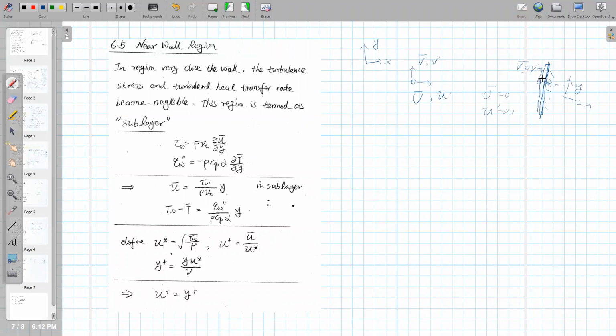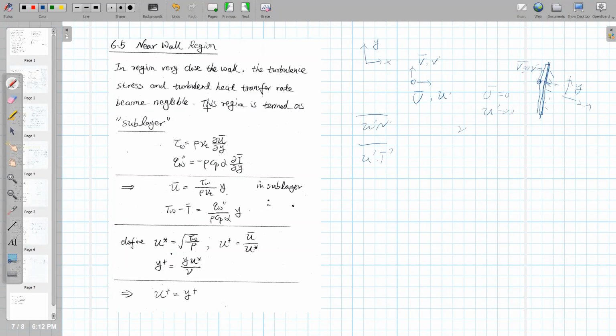So that means that in the region very close to the wall, the turbulence stress, all these u prime v prime terms, and the turbulence heat transfer, all these u prime T prime terms, will become negligible, because the viscous effect is very strong, much stronger than the dissipation term.